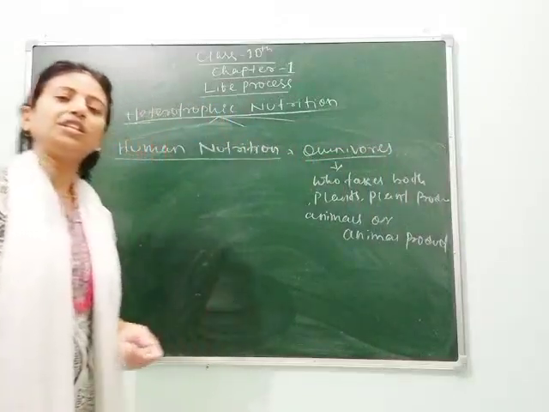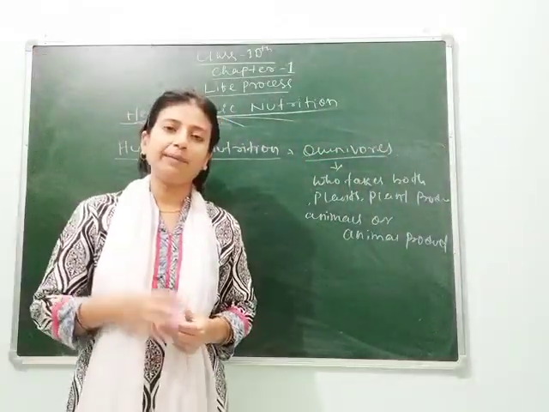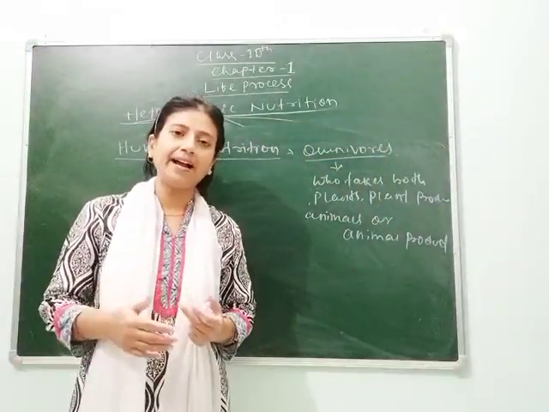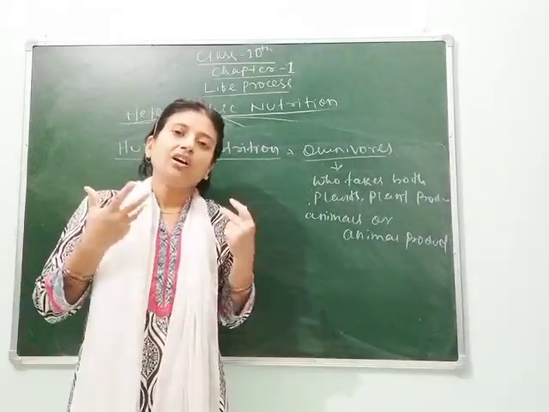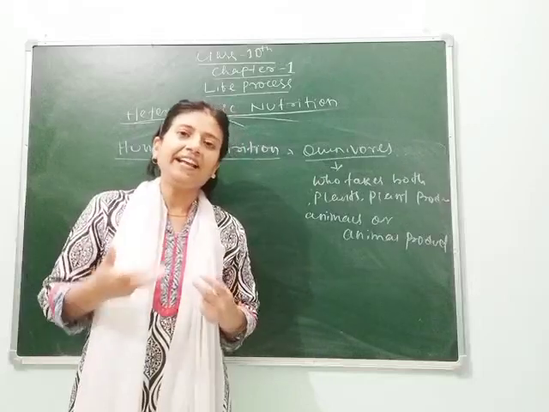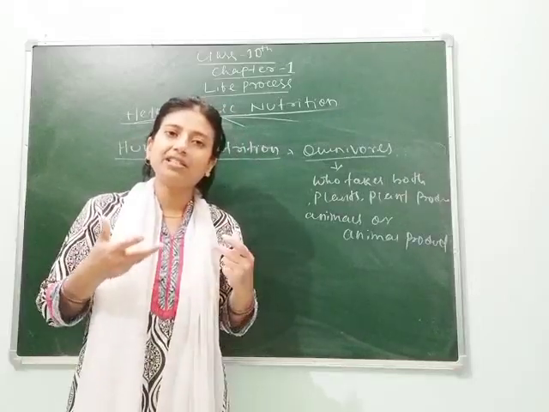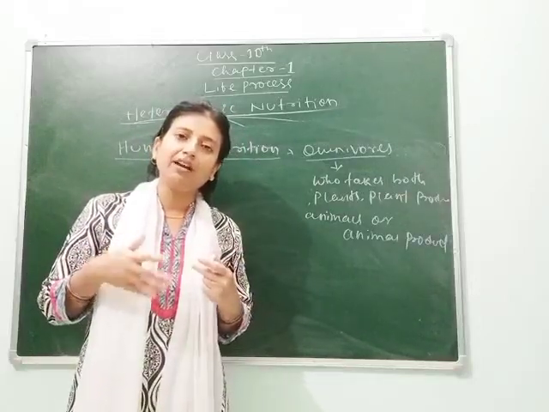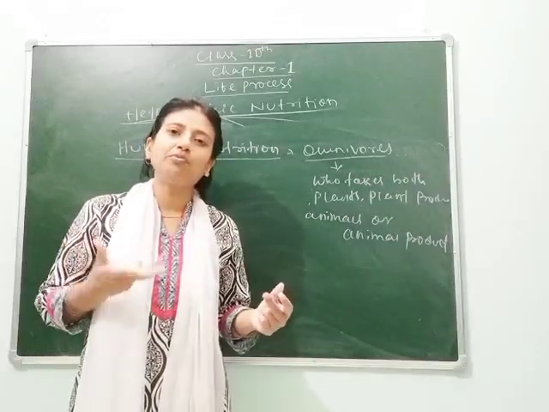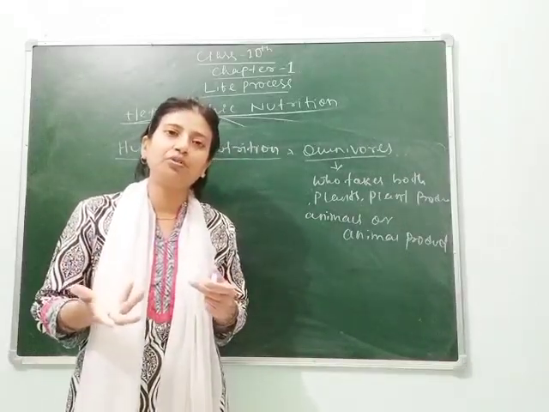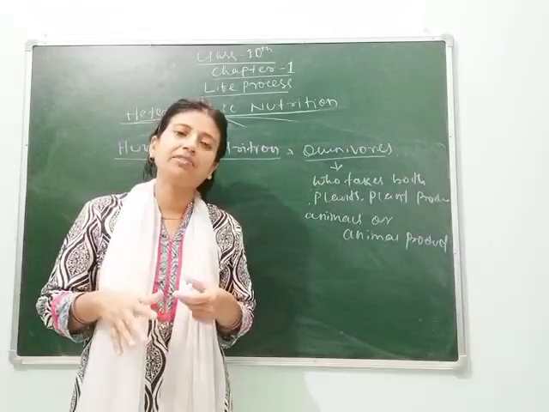So what type of food is taken by us? We are taking carbohydrate, protein, fat, minerals, vitamins, roughage, etc. When we are taking this food, our body has a system to utilize these different types of food, to digest them, to get energy, and to release the waste.